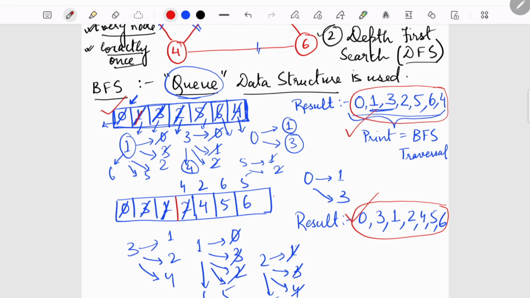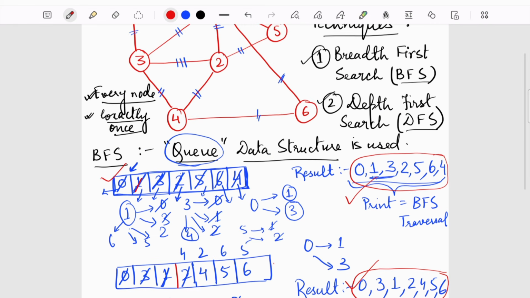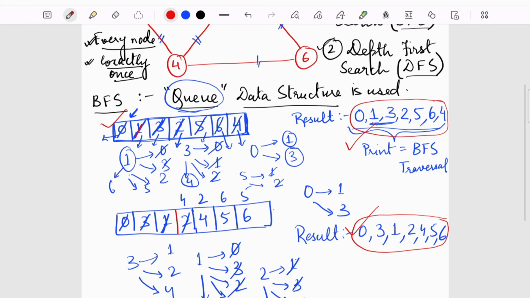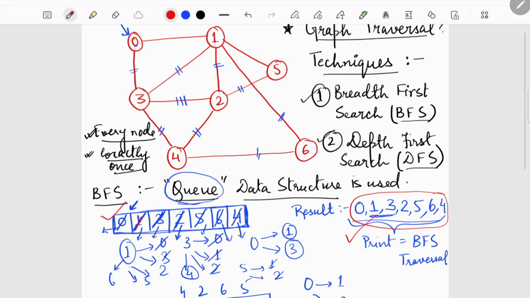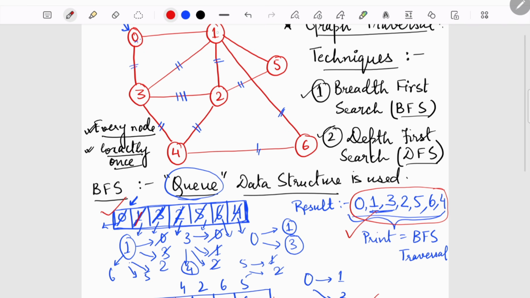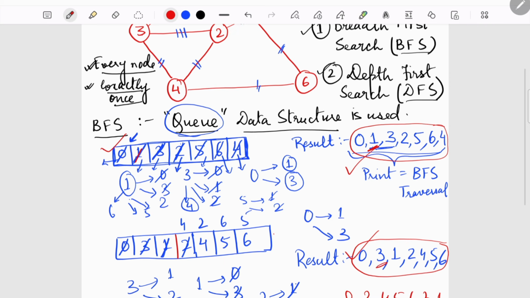These both are correct. But say for example someone says that for this same graph, my traversal is coming out to be this. Is it possible? See, why is it not possible? Because 0 is connected to 1 and 3, so after 0 it will always be either 1 or 3.